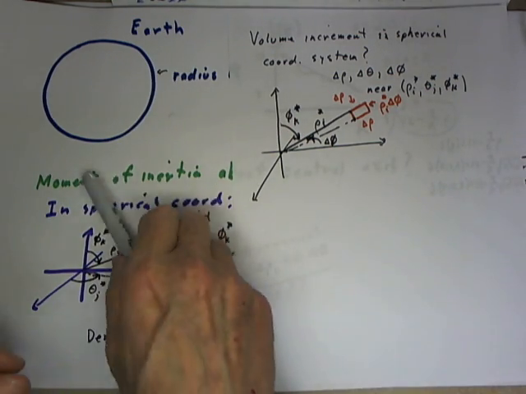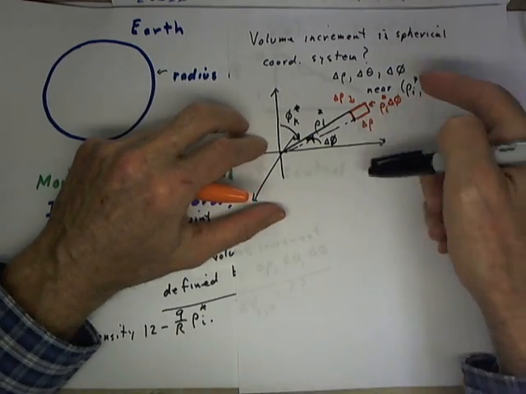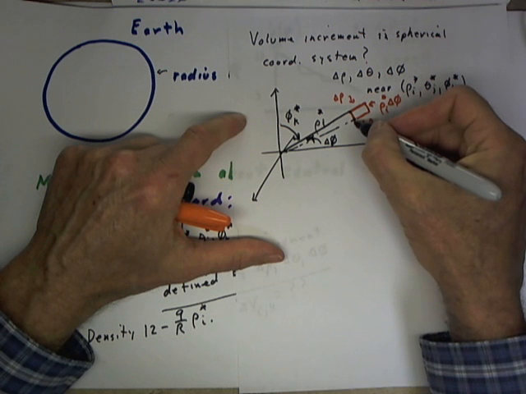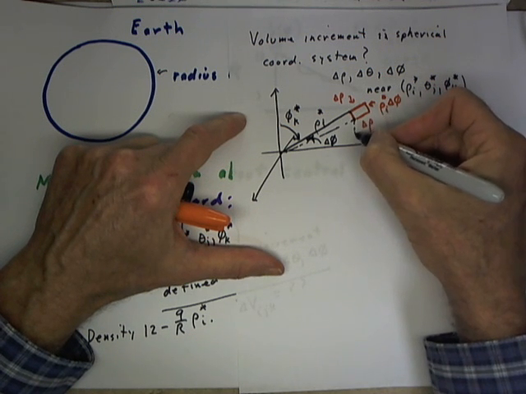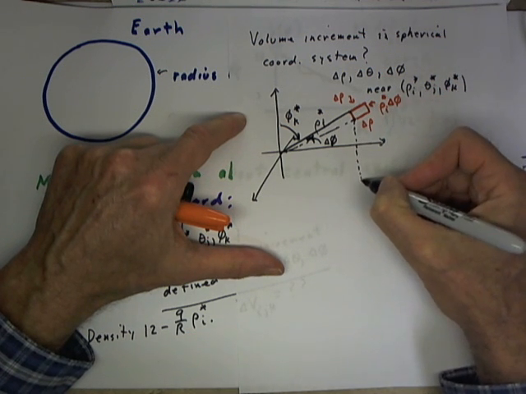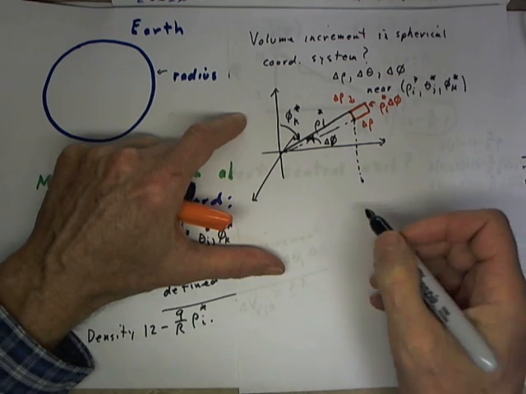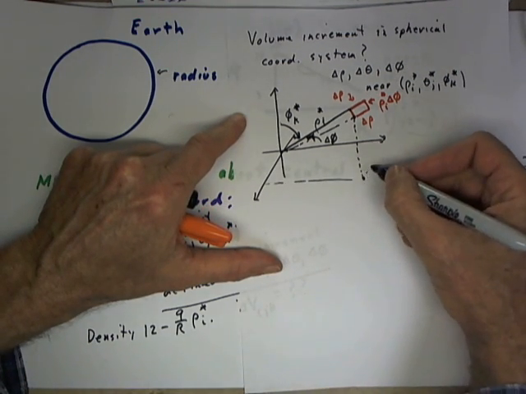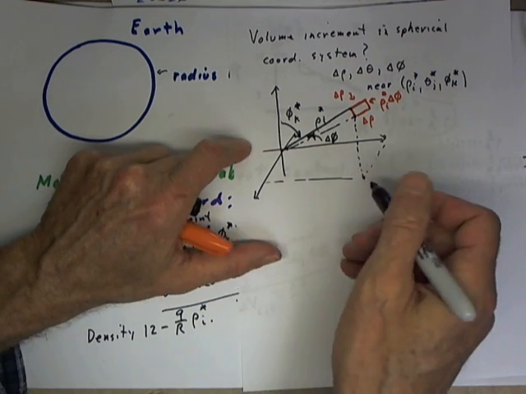Now we ask what the effect would be of a delta theta. We haven't actually located this point. Let's say the point is located here in the x, y, or r theta plane.